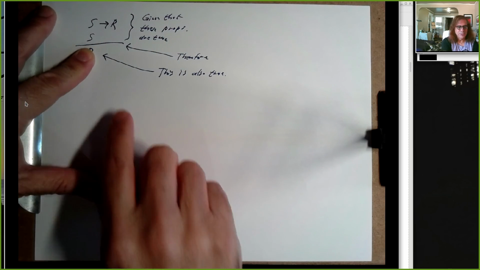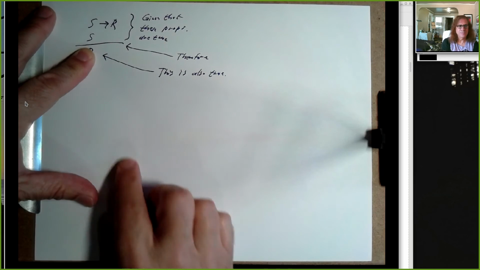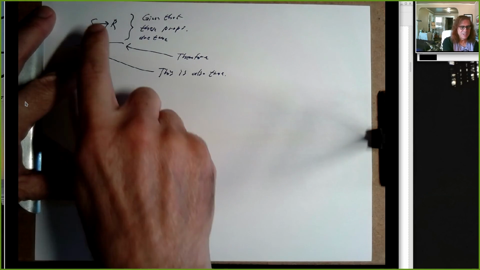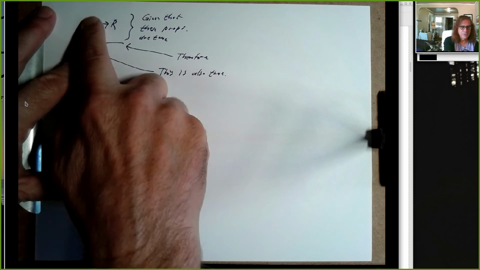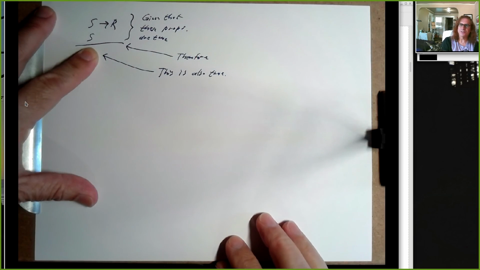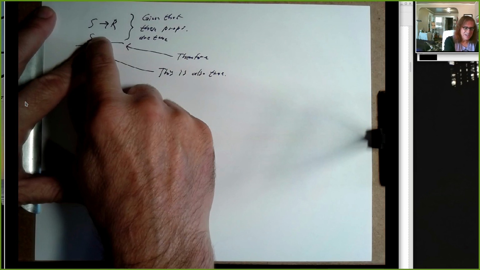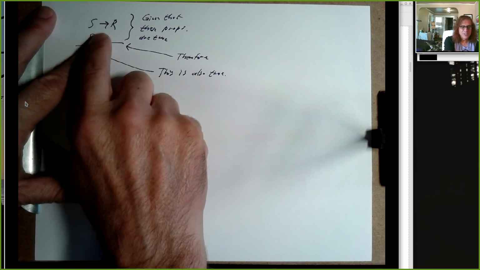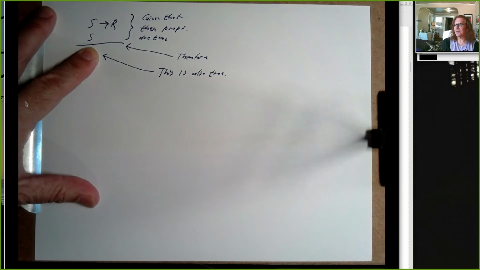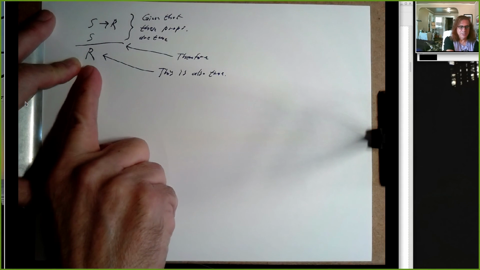And now we're told, oh, and by the way, S is true. Well, if we believe that if S is true, then R is true, and we believe that S is true, we have to believe R is also true. Because we just said S is true, and if S is true, R is true. So these two guarantee to us that R must be true, so that's our conclusion.